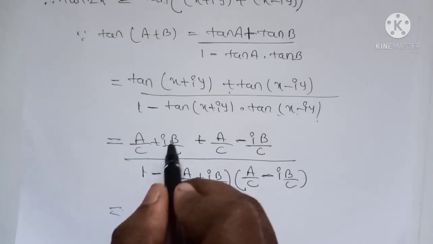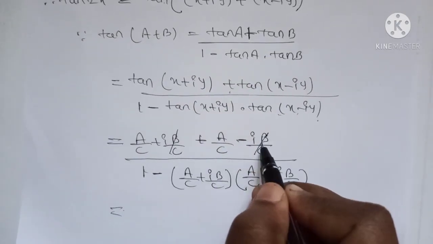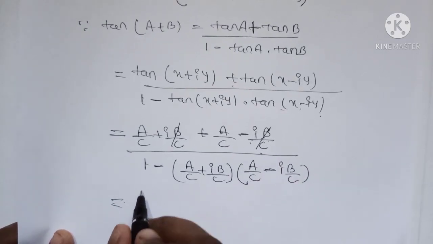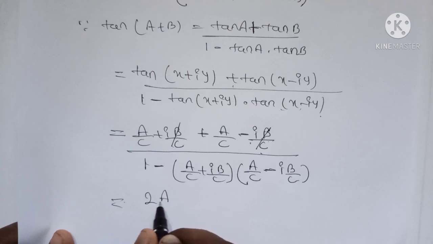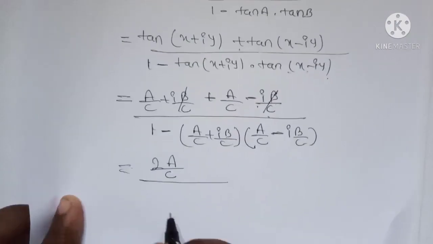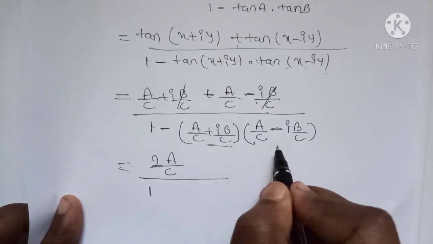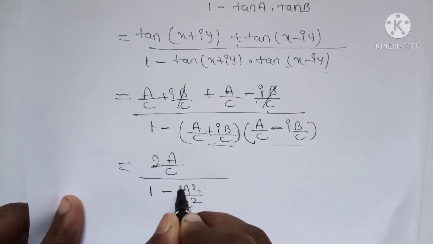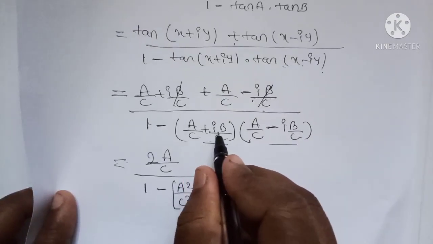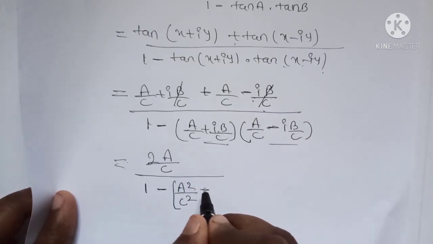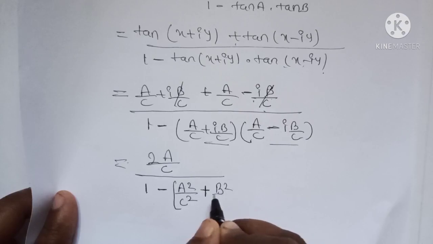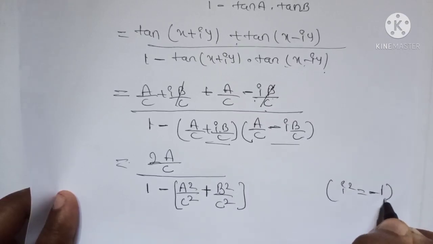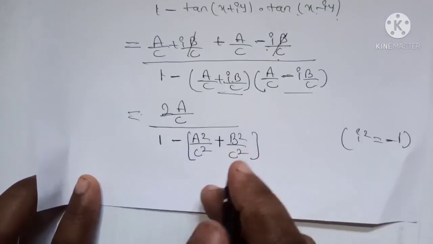Numerator becomes, ib/c and −ib/c get cancelled. We get 2a/c. The denominator we can write as (a + b)(a − b): a²/c² minus i² b²/c², since i² value is −1, minus into minus we get plus. So 1 − a²/c² − b²/c².